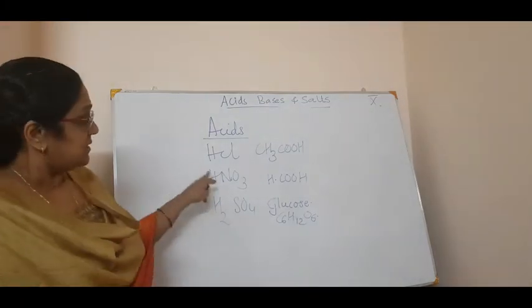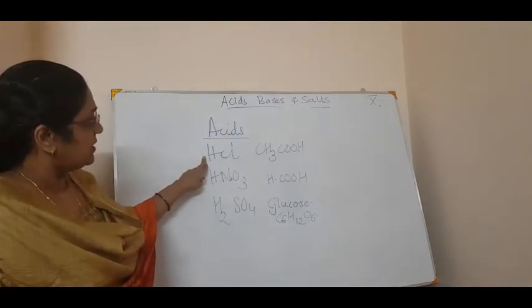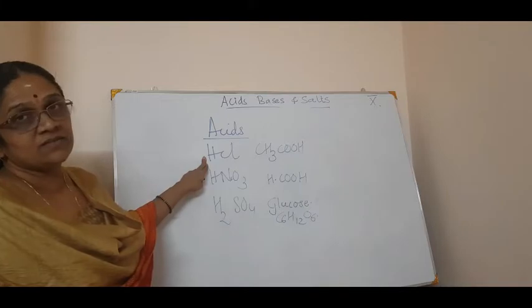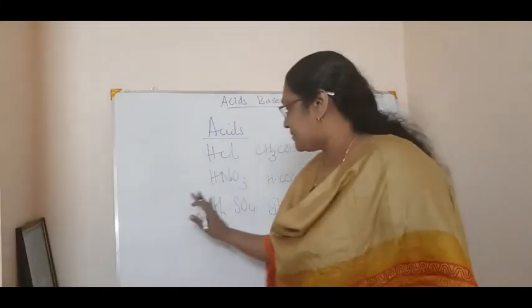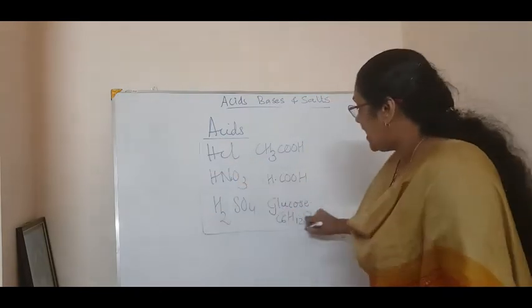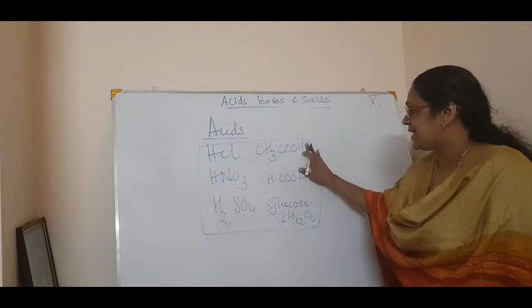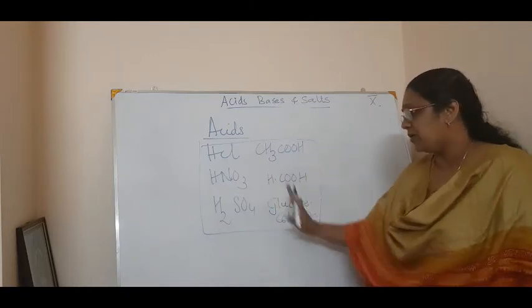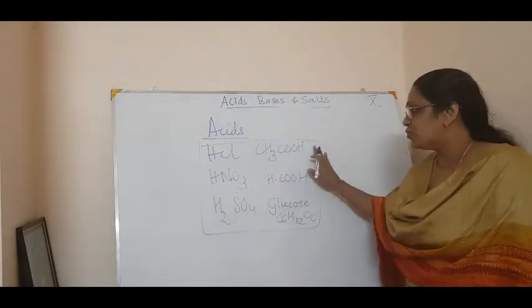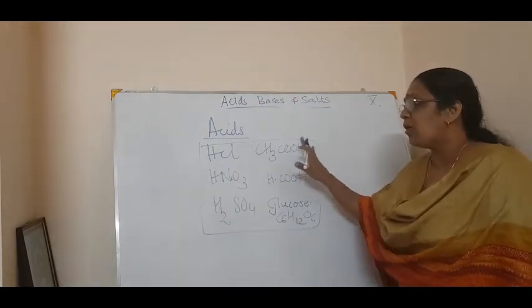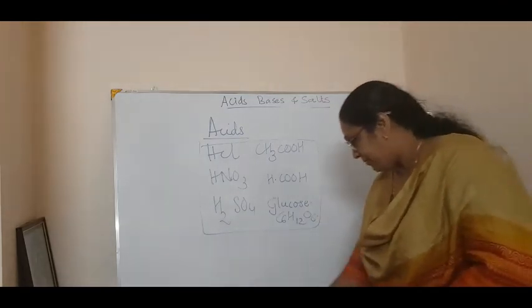We will do an experiment for this. We have all these substances, like HCl, H2SO4, glucose, acetic acid, etc., and we will do an experiment to know what is common in an acid.